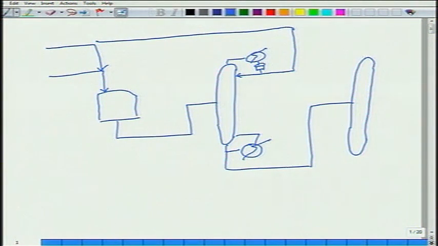Now today let's draw a conventional minded control structure for this process. What do I mean by conventional minded?